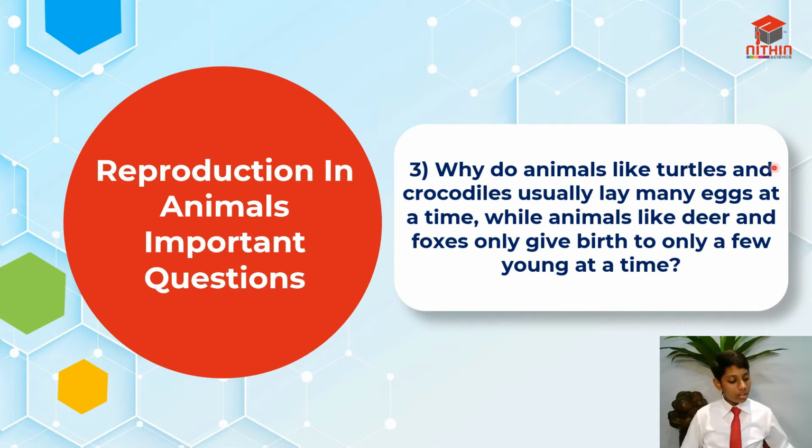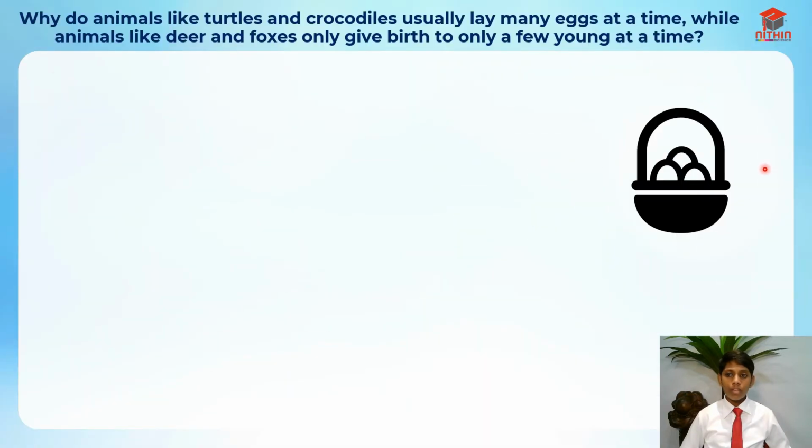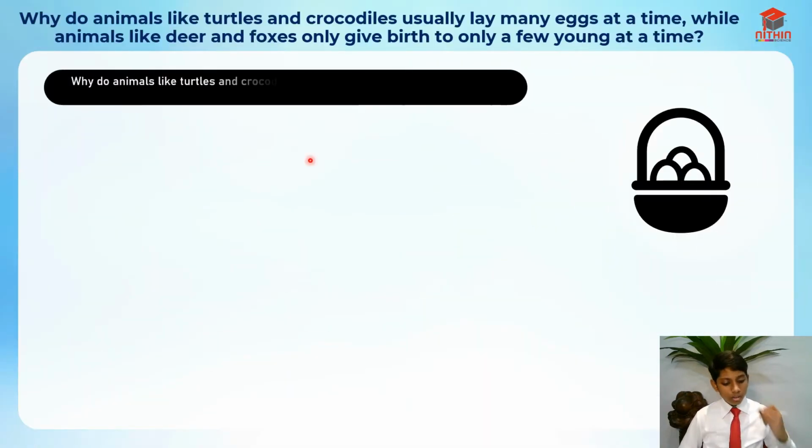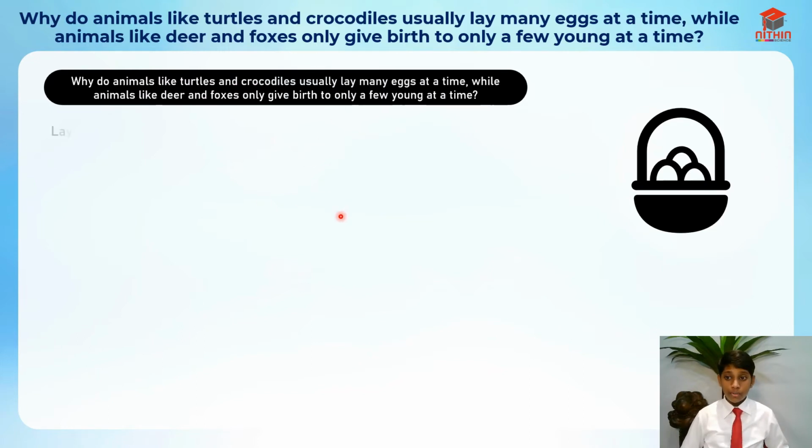I talked about this to you guys when I was talking about the externally fertilized eggs. So let's just do this again and see whether or not you remember. So the question over here, now let's answer it.